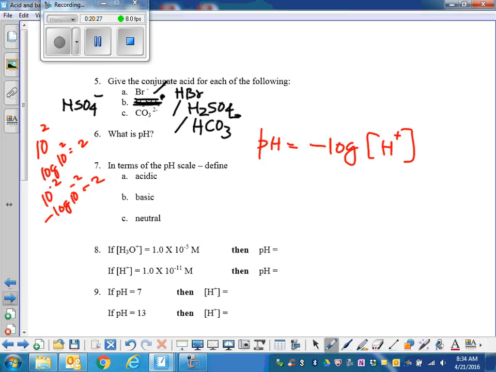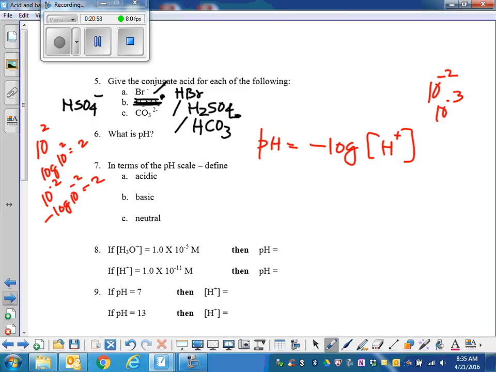Now, the pH scale was invented for the wine industry, actually. Way back when wine was discovered and it was acidic, people wanted to know how acidic it was. So the real concentration of the hydrogen ions would be something like 10 to the negative 2 or 10 to the negative 3, and people would be like, huh, what are you talking about?